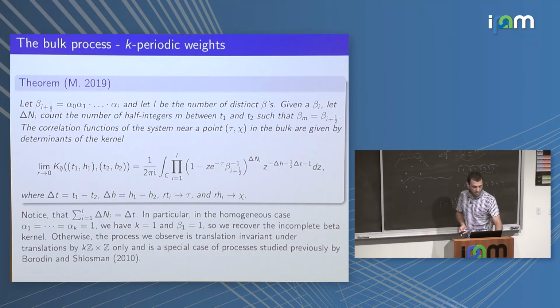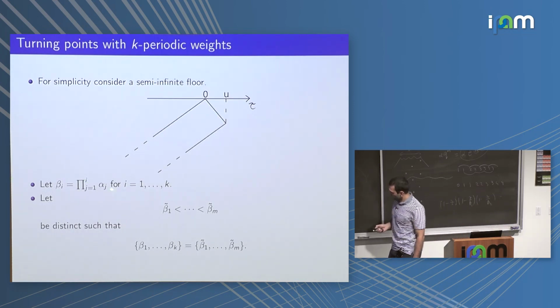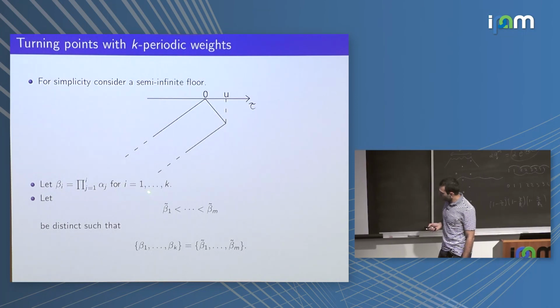What happens at the turning points? I'm going to take some favorable boundary conditions to study the turning points. So I'm going to have the rectangle be infinite. And so we have these weights alpha. What you do is you look at the product of neighboring alphas. Let's call them betas.